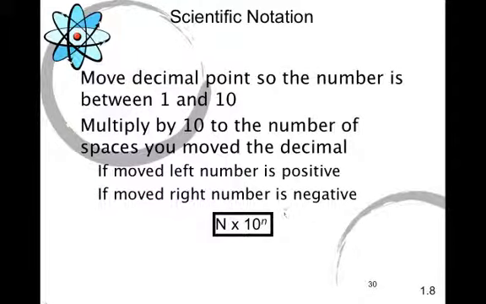If the original number is really big, you have a positive exponent. If it's really small, you have a negative exponent. With a positive exponent, you move the decimal back to the right to get the original number. With a negative exponent, you move the decimal to the left.